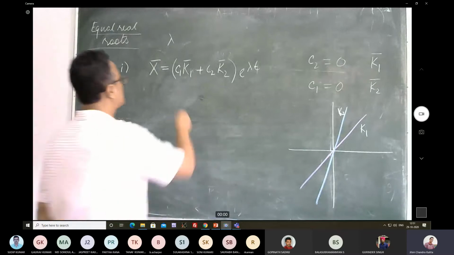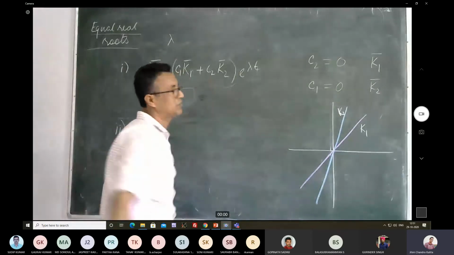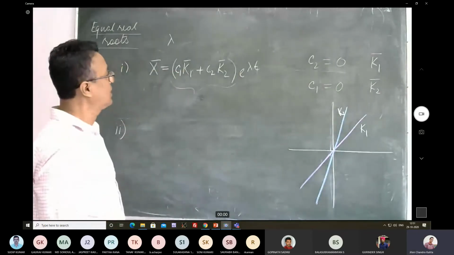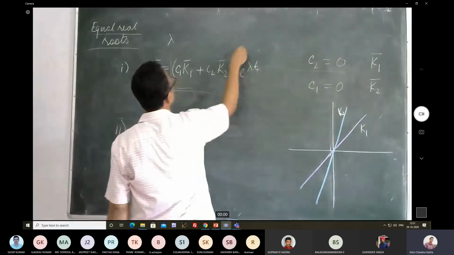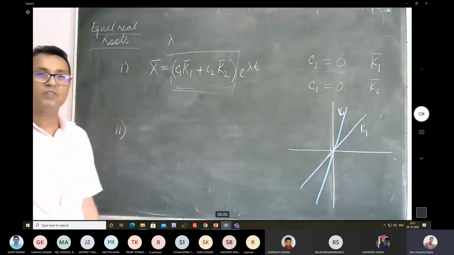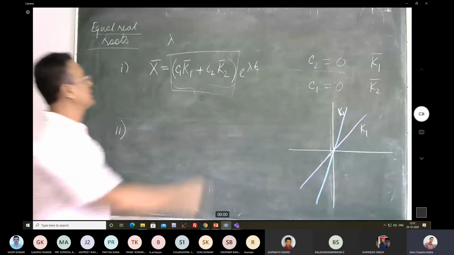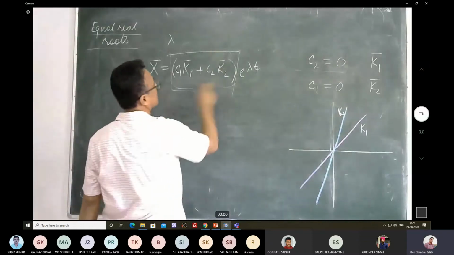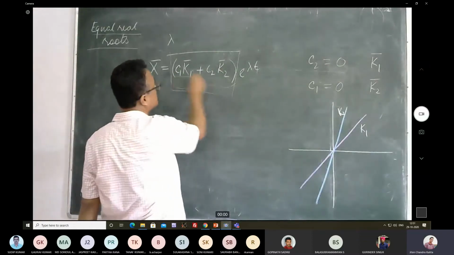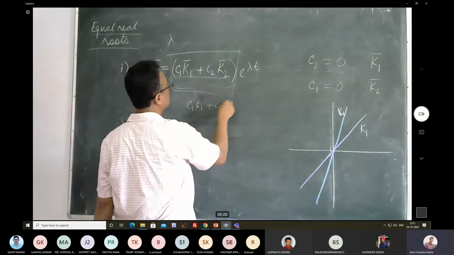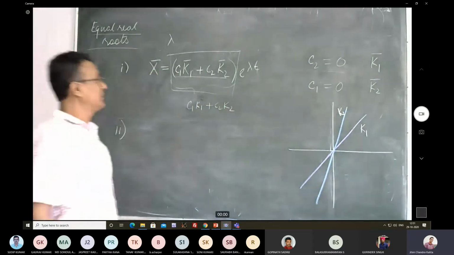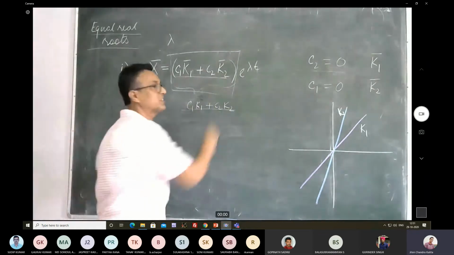Now the interesting part here is that if you look at this particular vector given by say C1 K1 plus C2 K2, it doesn't depend on t.